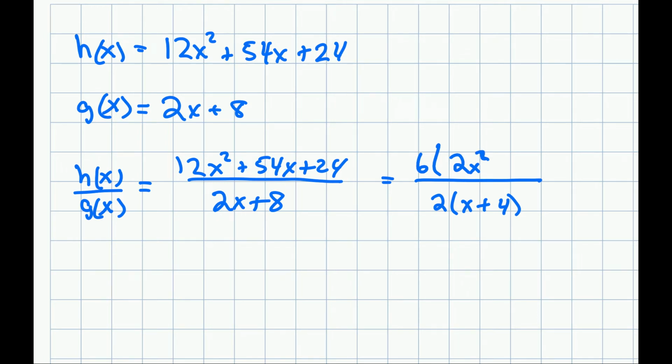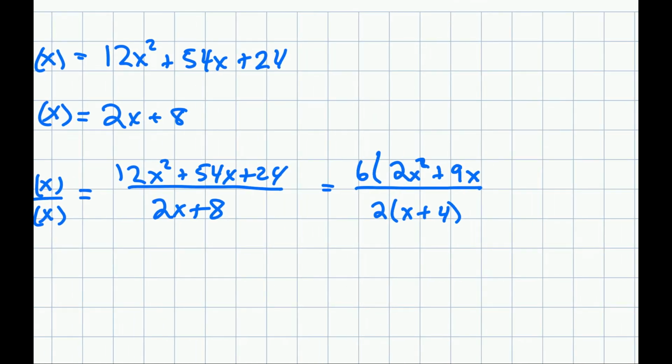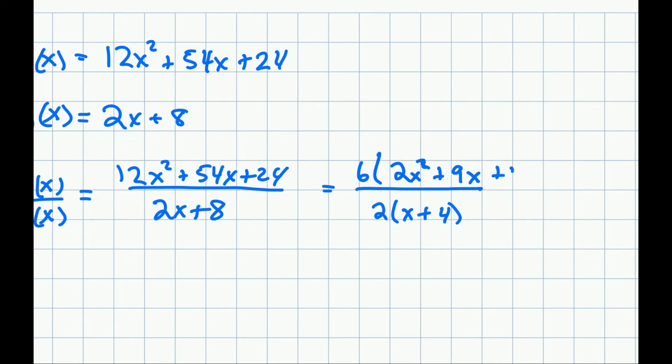Plus 54, well, we took out a 6, so we'll have a 9x. And then 24, 6 times 4 is 24. So I can factor out a 6 like this, but this right here still needs to be factored.